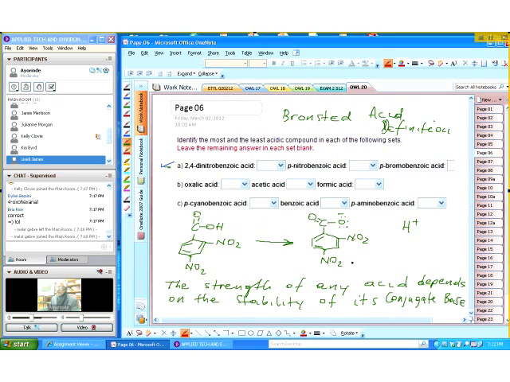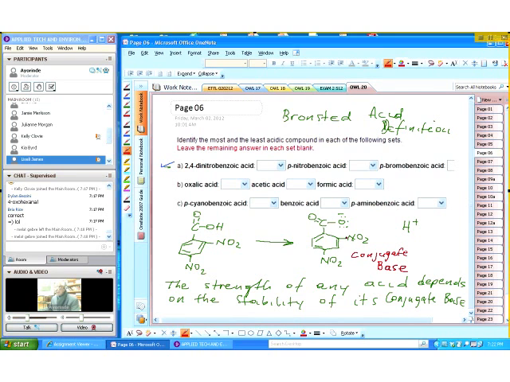In this case, for this molecule, this is the conjugate base right here. The conjugate base is that species that you obtain after you lose the proton.